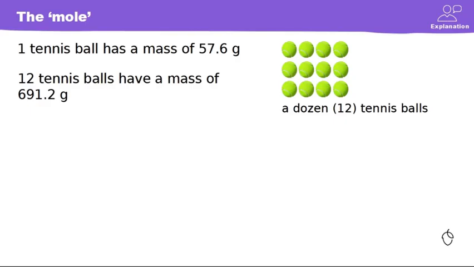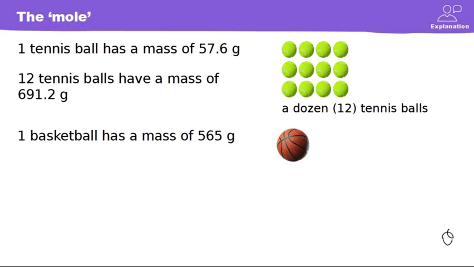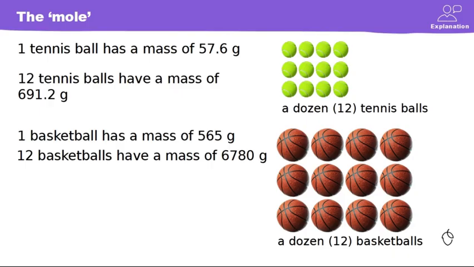If a tennis ball has a mass of 57.6 grams and you had 12 tennis balls, that would in total have a mass of 691.2 grams. If the mass of one basketball was 565 grams and you had 12 basketballs, you would have a mass of 6,780 grams. You would still have 12 tennis balls and 12 basketballs, but notice their total masses are different.